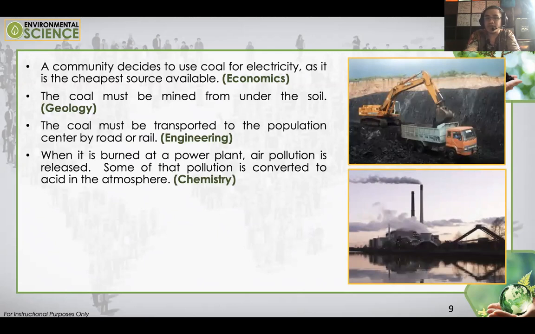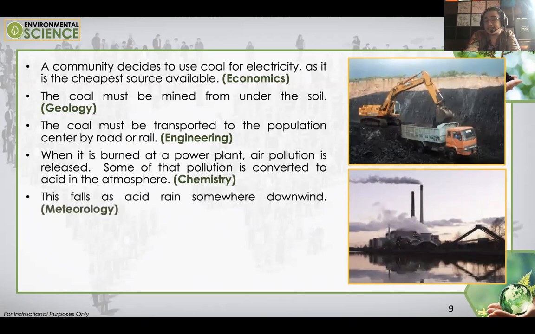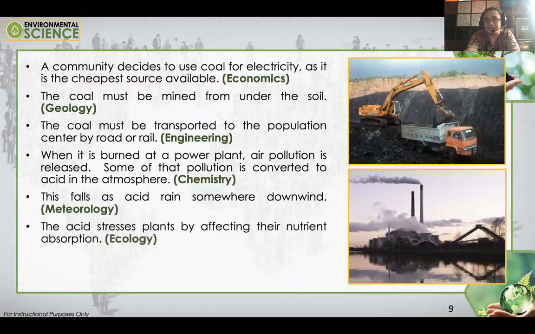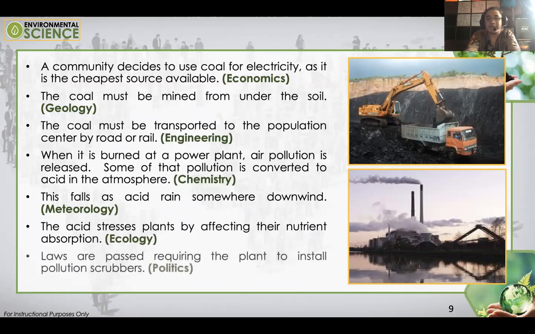Some of the pollution is converted to acid in the atmosphere and results to acid rain. This falls as acid rain somewhere downwind, and again, that would fall on meteorology. The acid stresses plants by affecting their nutrient absorption, ecology. Laws are passed requiring the plant to install pollution scrubbers. All these are part of environmental science.